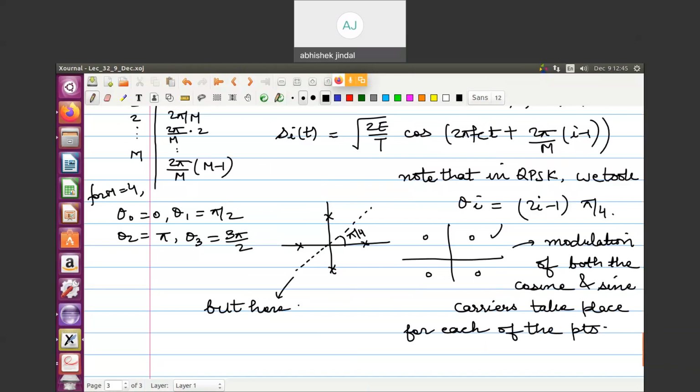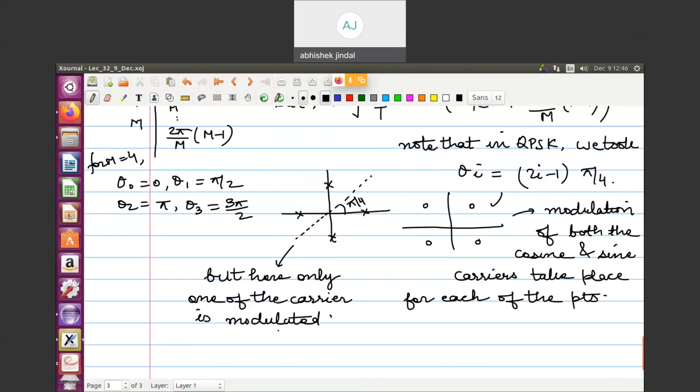But here only one of the carriers is modulated. So this is like a single BPSK system. Each time whatever you transmit, this is like two BPSK systems operating in parallel, and you add both of these outputs to transmit.